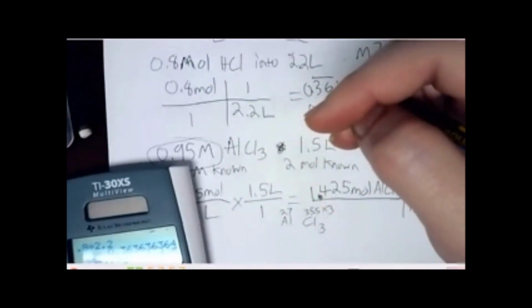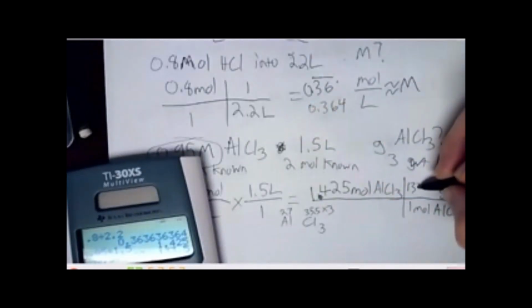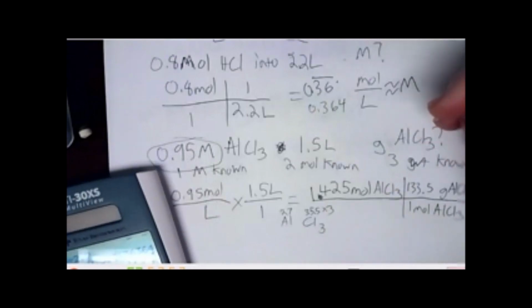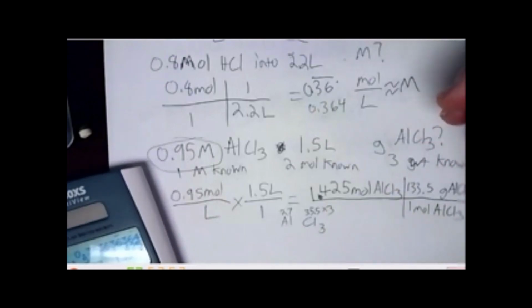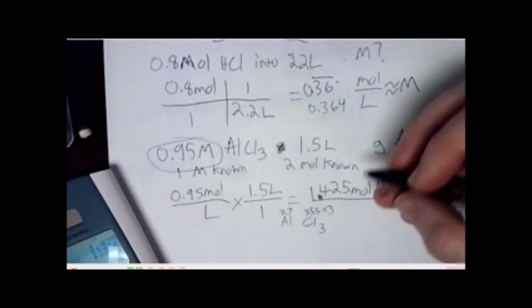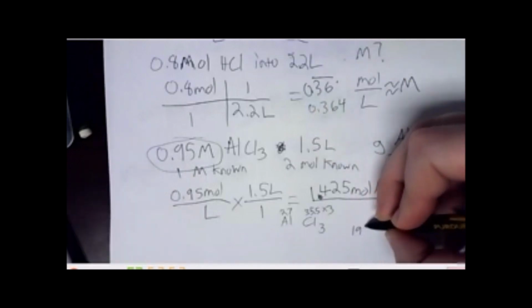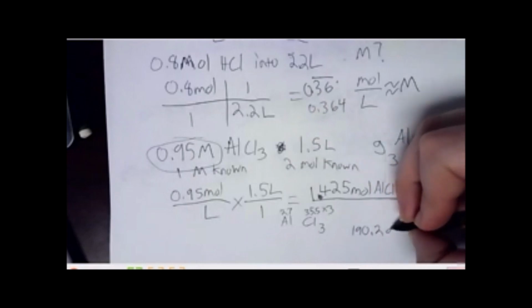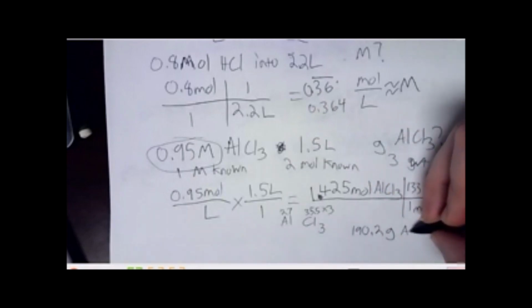So 35.5 times 3 plus 27, it's something like 133.5. So 133.5 times my 1.425, and I would have 190.2 grams delivered. I'd be delivering 190.2 grams of aluminum chloride.